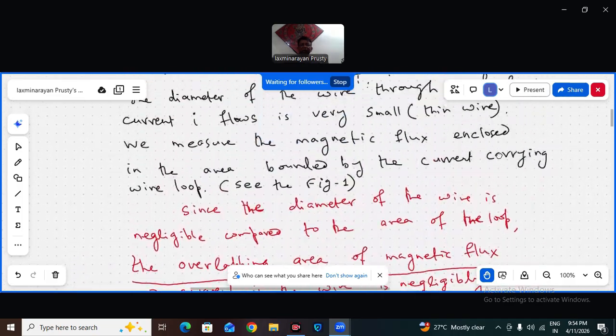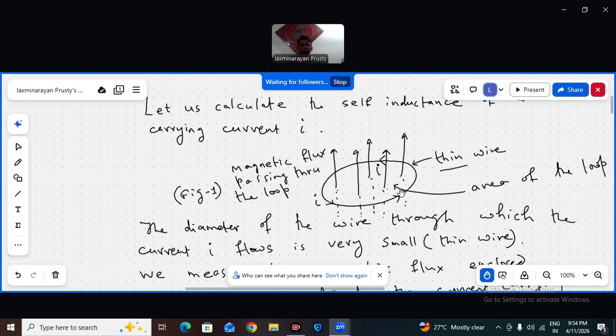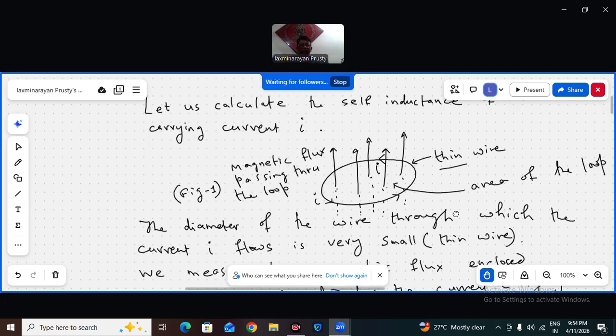Current area is what? Current area is just the thickness of the wire. Thickness is negligibly small, so the current area is negligibly small. The flux may pass through the wire, but that area of overlapping is negligibly small, because the area of current flow itself is negligibly small.